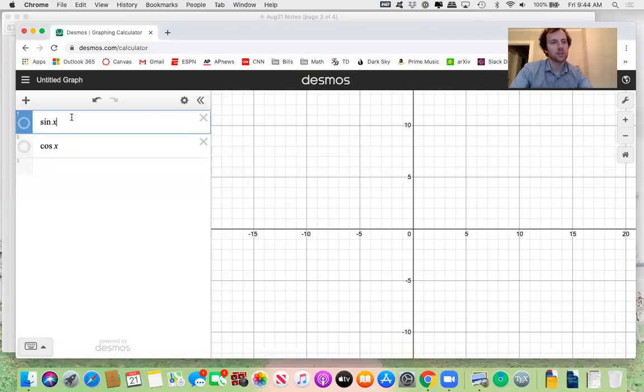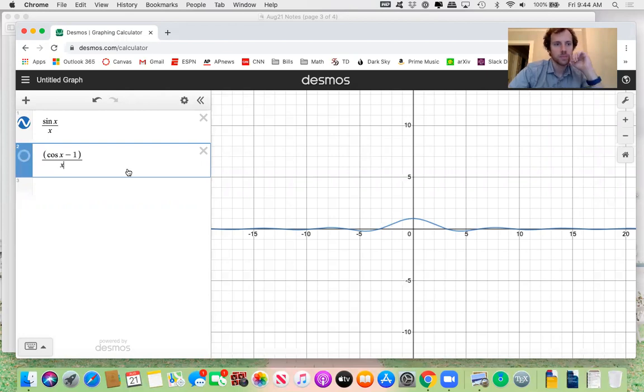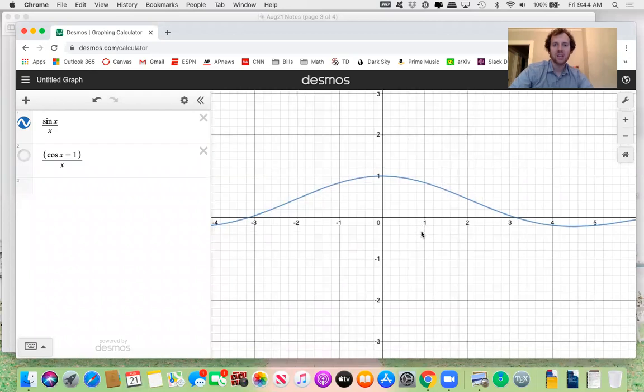And these ones, as long as I can do this kind of quickly, sine x over x, as that fact says, it heads up towards 1.